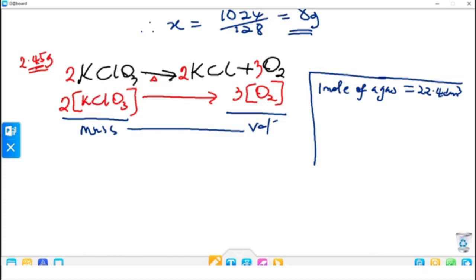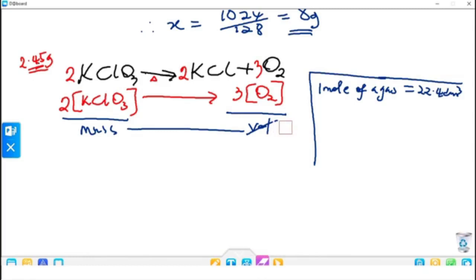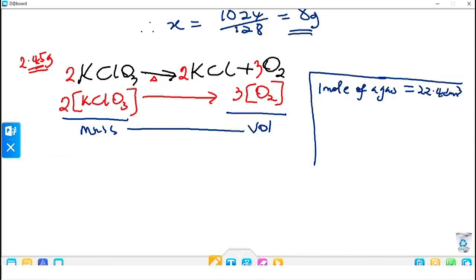Not mass to mass. So this time around, we don't need the mass of oxygen. We actually desire to calculate the volume of oxygen, not its mass. So we need to know now what mass of potassium chlorate produces a given volume of oxygen, as we can see.